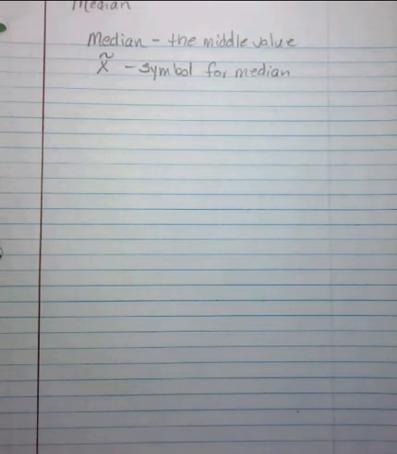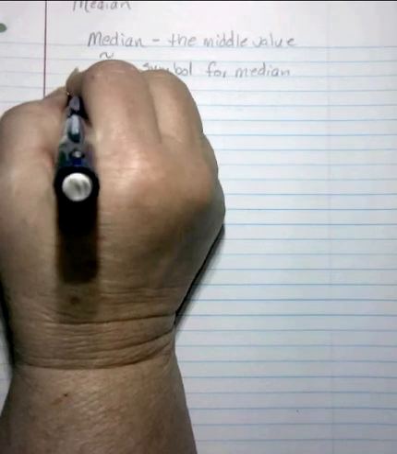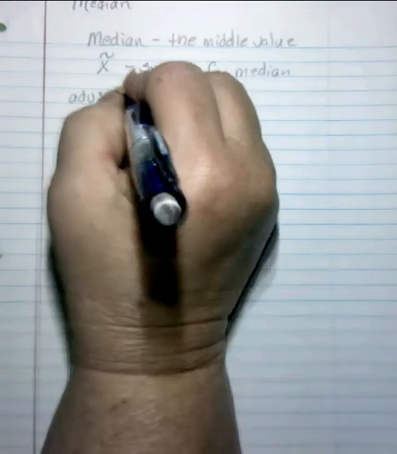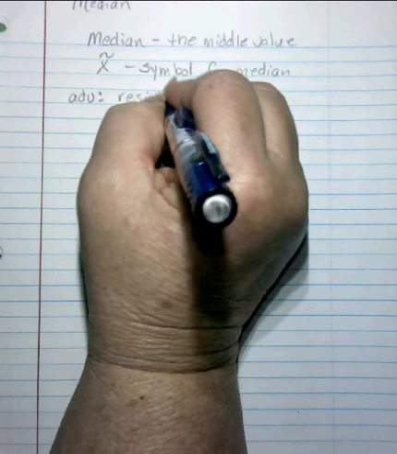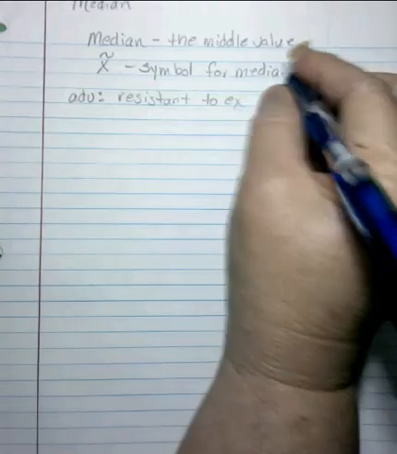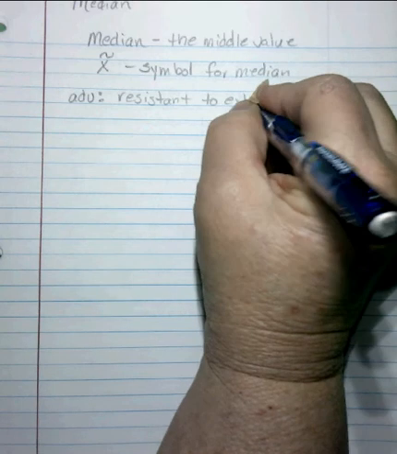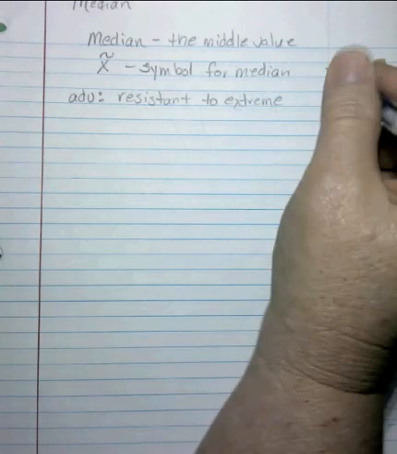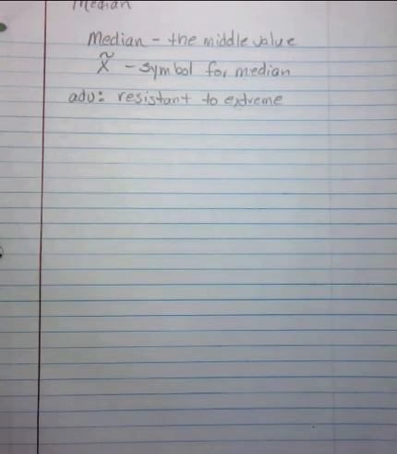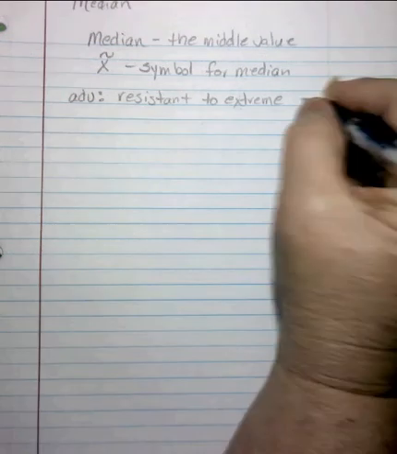We don't have a symbol that specifies the median for a sample or population, so it's just used either way. Let's talk about the advantages of using the median. It is resistant to extreme values. We talked about how the mean is not resistant to extreme values because they are used in the calculation for the mean, so it is affected by those extreme values.